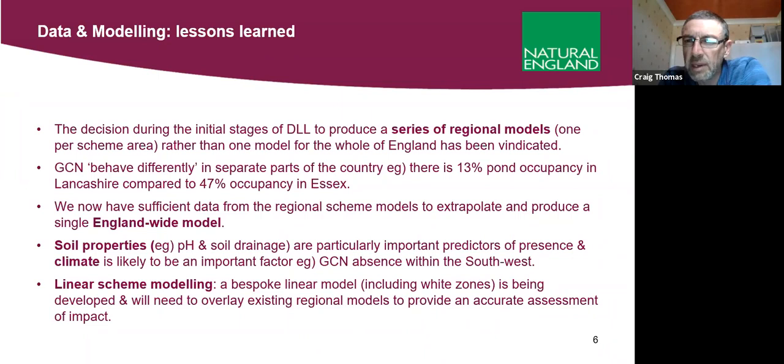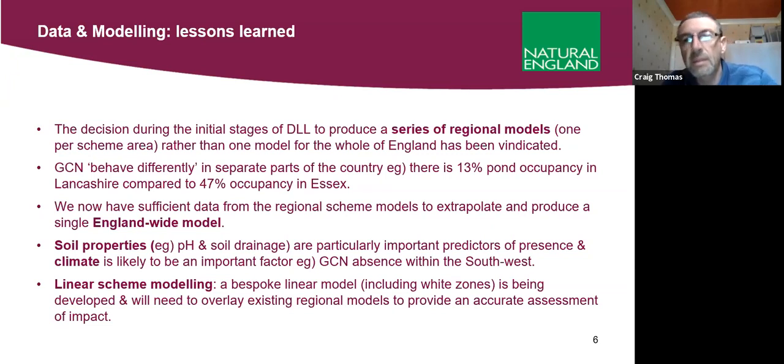So we're looking at bringing in linear schemes into DLL. Now, the difficulty of that is that a linear scheme, particularly a large one, will cross several regions. As we've just identified, each region's model will be different, subtly different to its neighbouring one, and potentially quite significantly different at opposite ends of the country.